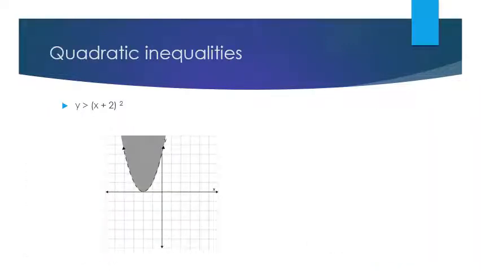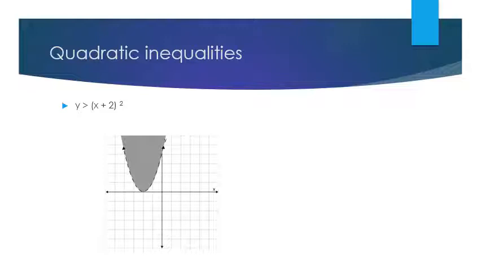Now, similar to our work with quadratics and regular functions are quadratic inequalities. There's absolutely no difference in the way that you solve these, just like when we were working with inequalities and equations, but the solution will be a zone on the plane, not a single number, not a single line, not a single curve.